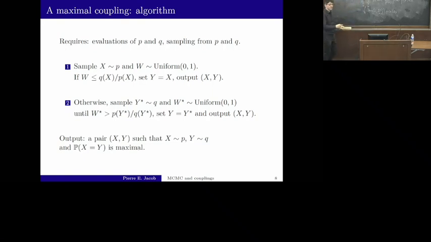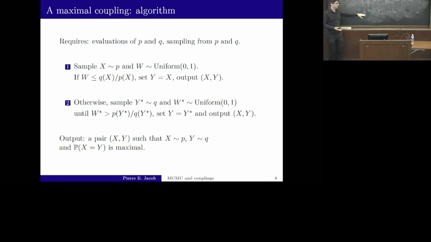Okay, now we can already see why it's going to be a maximal coupling, because X is going to be equal to Y if we stop at step 1. Step 1 is outputting X equal Y. And so if we want to know the probability of stopping at step 1, we can take A to be the entire set.